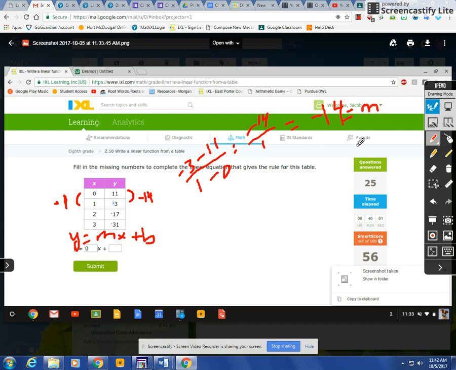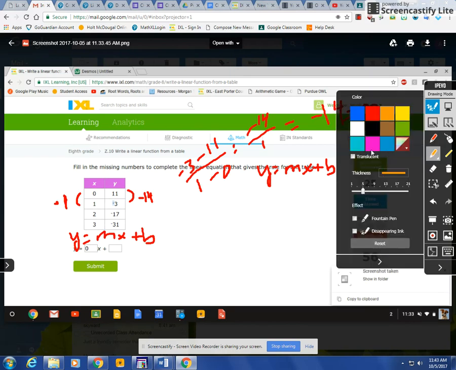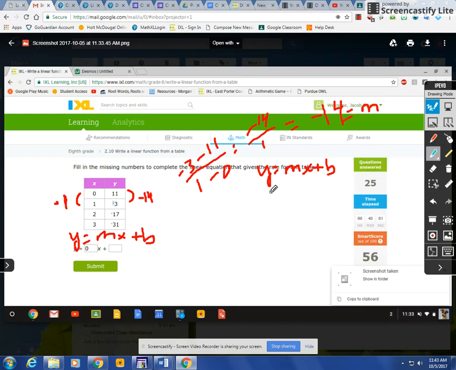All right. After we figure out our m, then we can use our slope-intercept formula to figure out what b is. So if we have y equals mx plus b, we're going to substitute into this formula. m is negative 14.